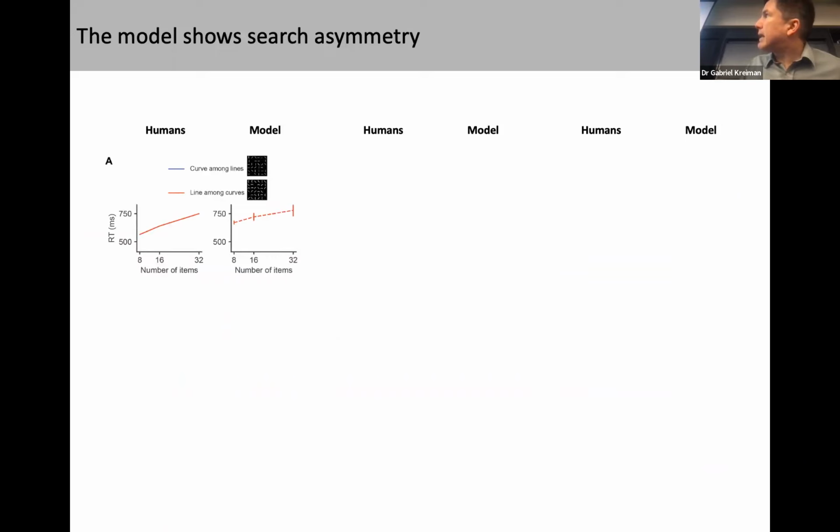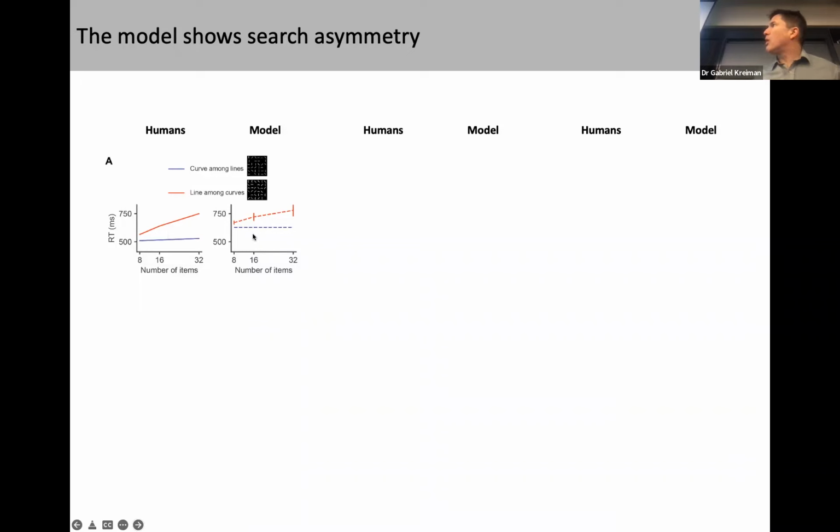So this is the data that I showed you before for human performance. Now I'll show you what the model does in all of these different tasks. So this is the task that you did, where you were looking for curves among lines and lines among curves. This is the asymmetry that I showed you earlier, and that you reflected when you were clapping before.